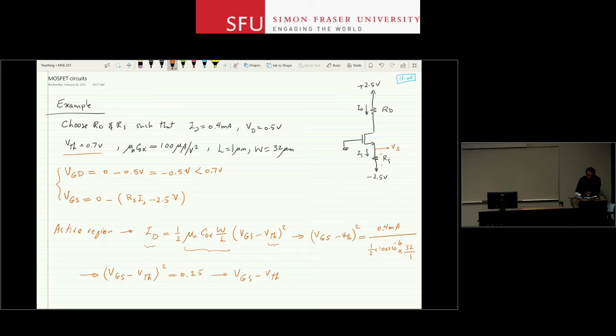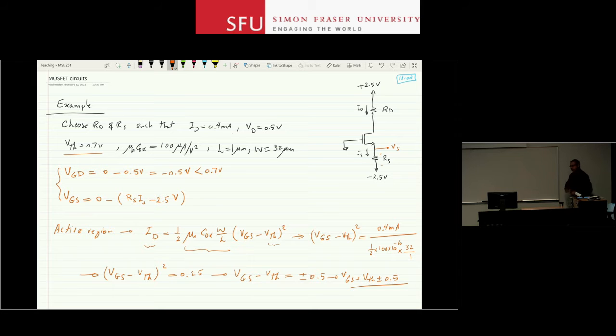Now it's a quadratic equation. I have two potential answers, plus and minus 0.5. Or my VGS is going to be plus and minus 0.5 plus VTH, so it's VTH plus and minus 0.5.